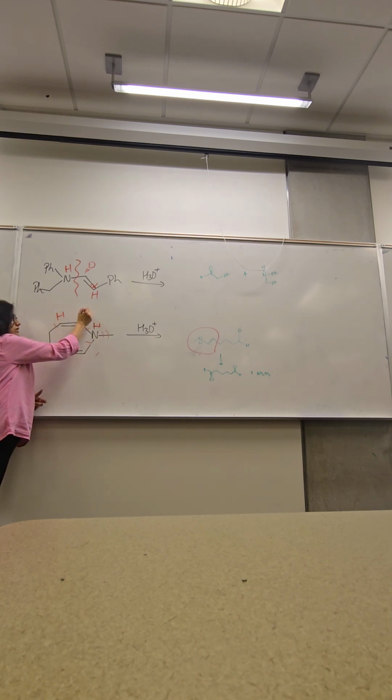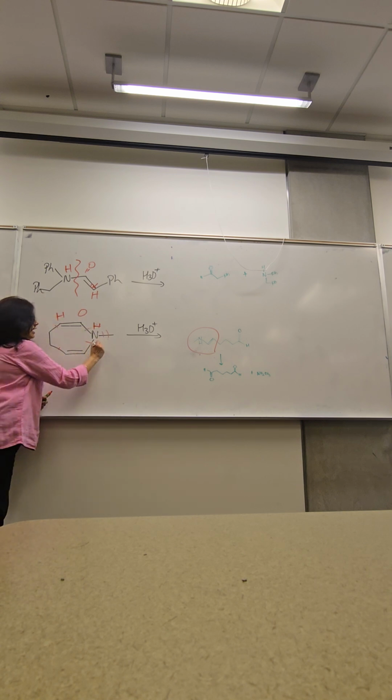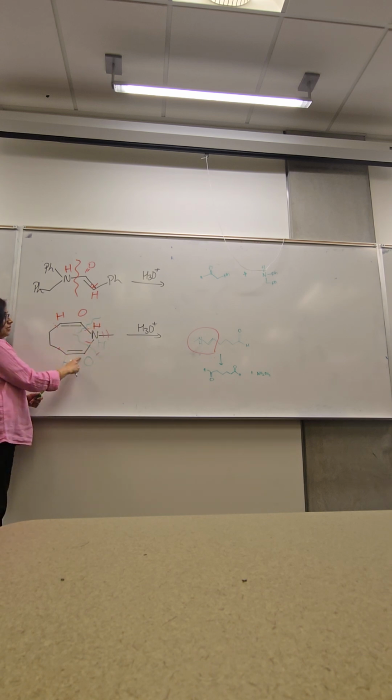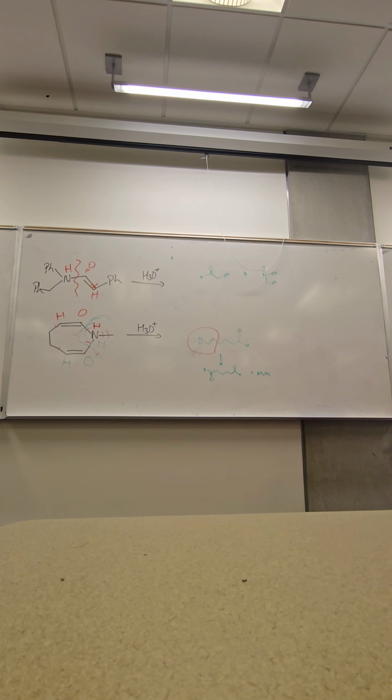Hydrogen, hydrogen, oxygen the first time, right? But then hydrogen, hydrogen, oxygen. So you're breaking this, and end up with a dialdehyde and an amine right there. Absolutely. Do you guys see that? Yes? Cool. Okay, that's enamine formation.